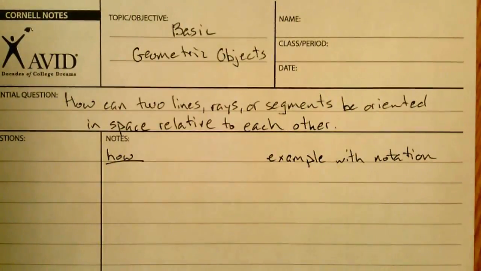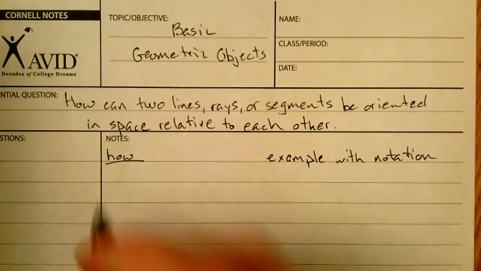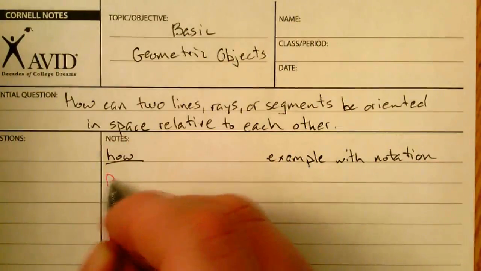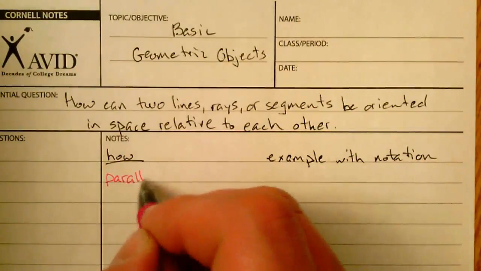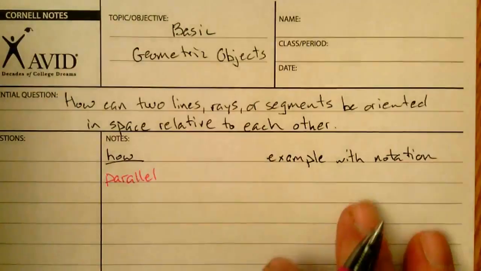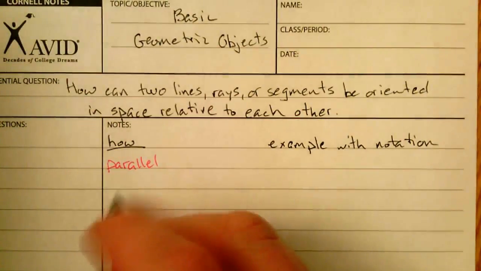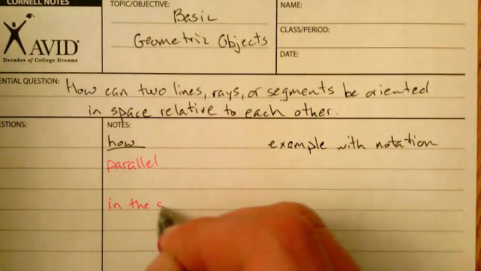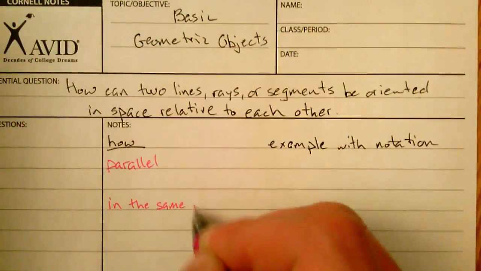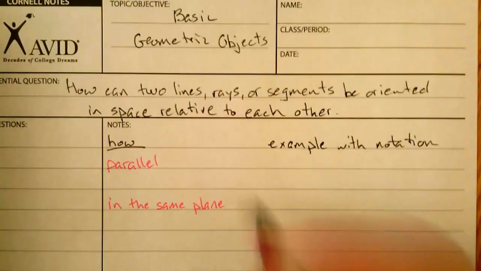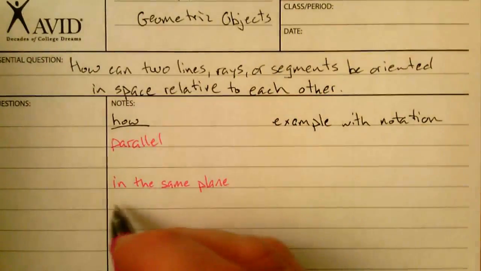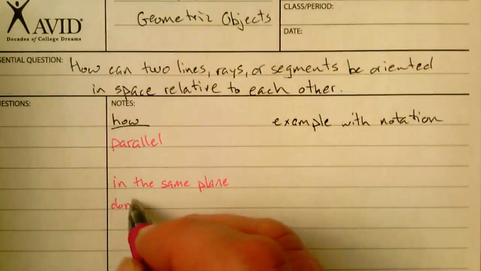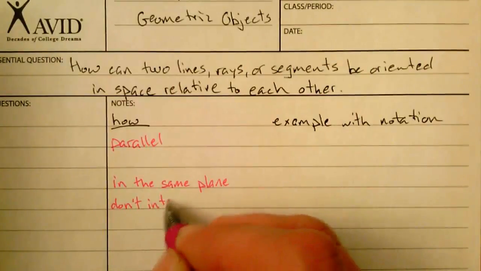Okay, so first, the well-known one is parallel. Now, specifically, parallel means they're in the same plane. And they don't intersect.